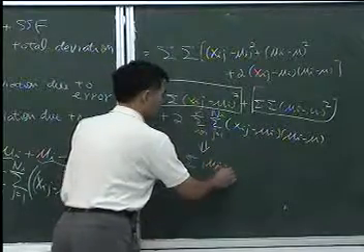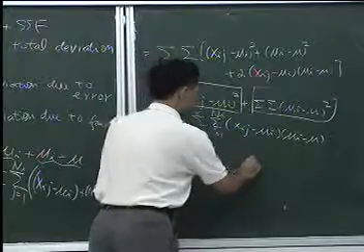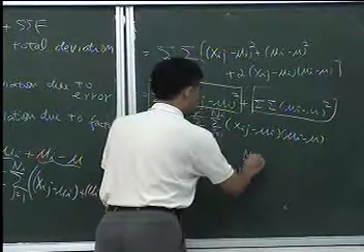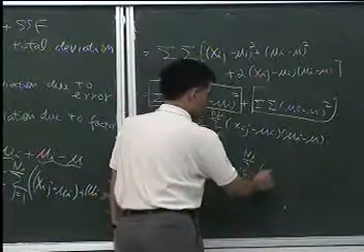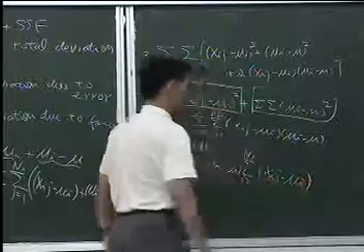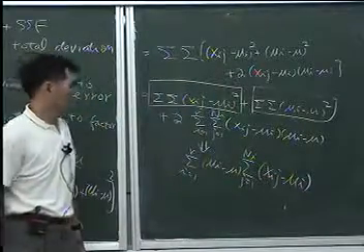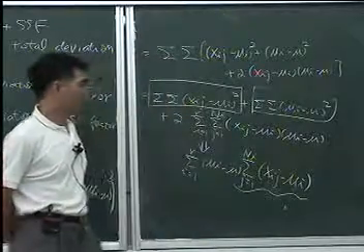Mu I minus mu I, i from 1 to R, summation j from 1 to Ni, Xij minus mu I, right? Okay. And actually this one is equal to 0, okay?